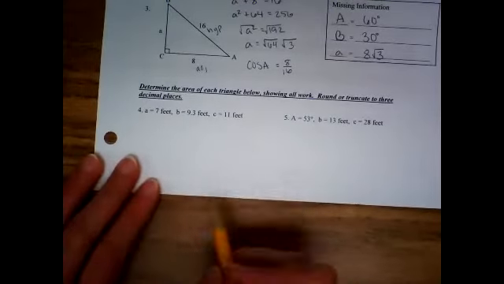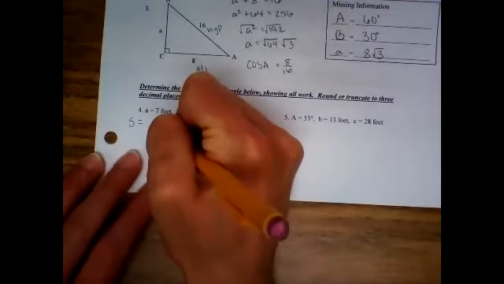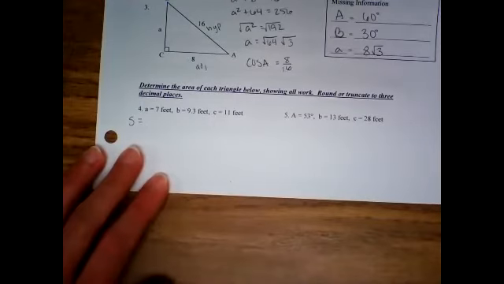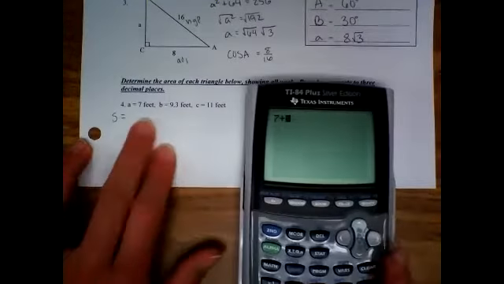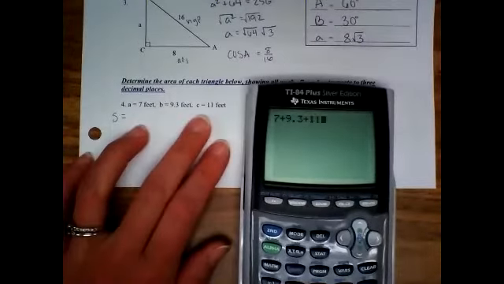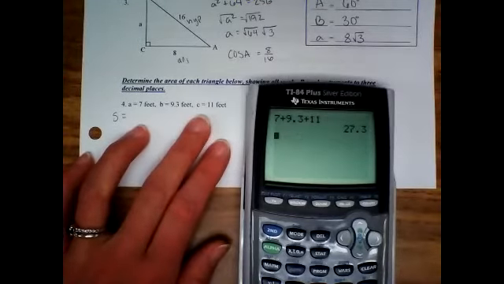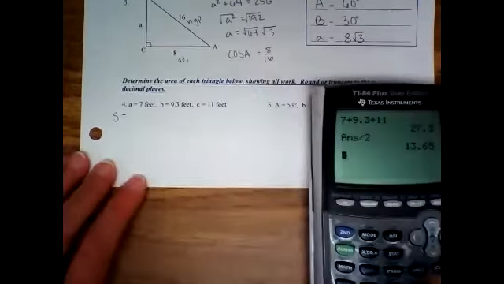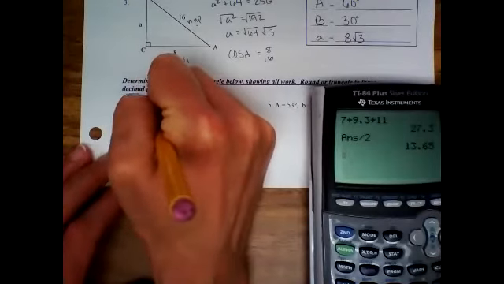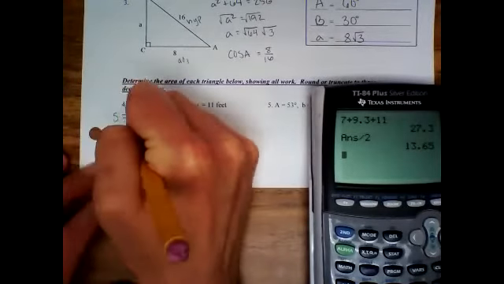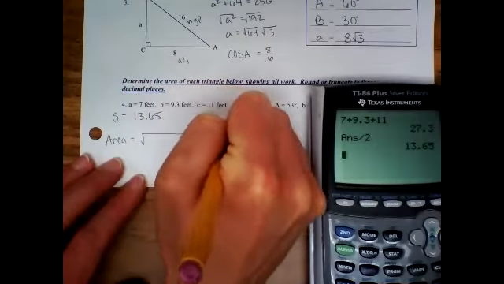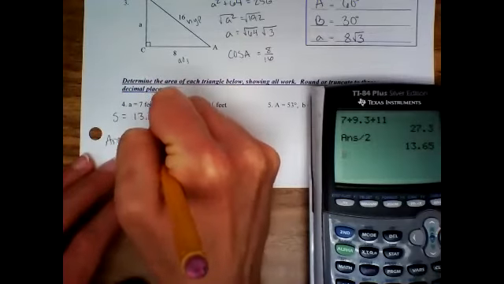This one, we have all 3 sides, so we're going to do Heron's formula. So S equals, I'm going to add them all together, divide it by 2. So S is 13.65. And so our area is a gigantic square root. It's going to be 13.65.